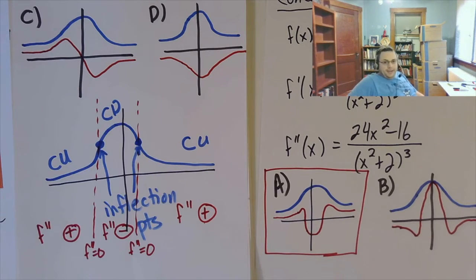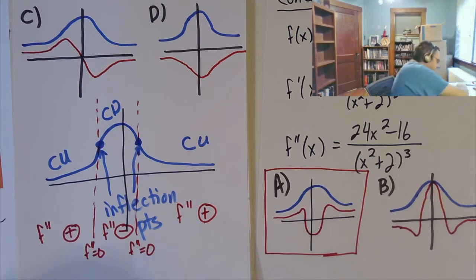Okay, so question C asks you whether the graphs of f and f double prime indicate what is in the form of an interval. Now it wants you to, for whatever reason, look at the graph and decide where the function's concave up.